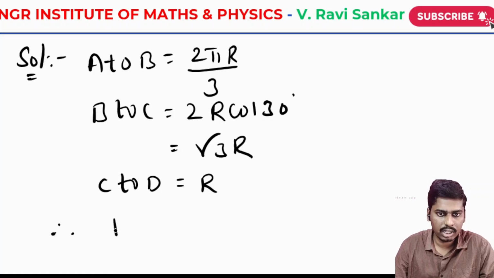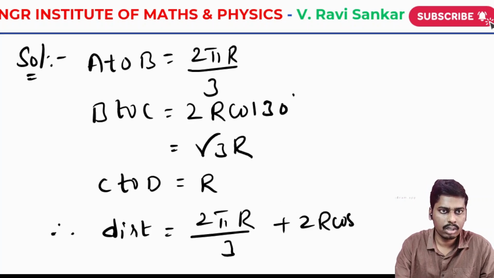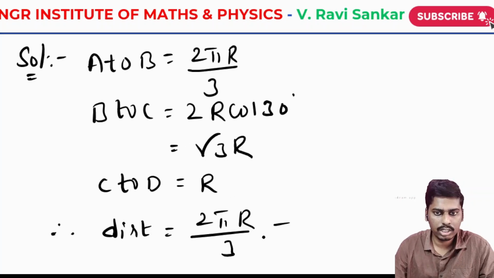Therefore, I can say the distance is equal to 2 pi r by 3 plus 2r cos 30, that is, plus root 3 plus 1 into r.